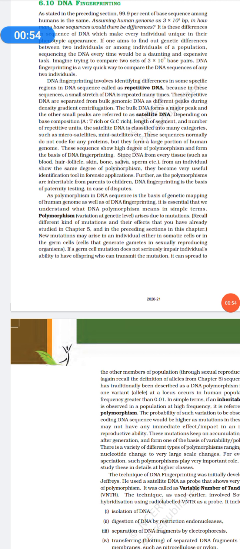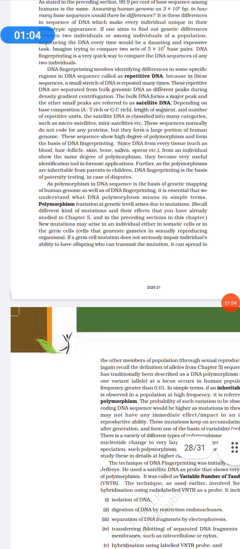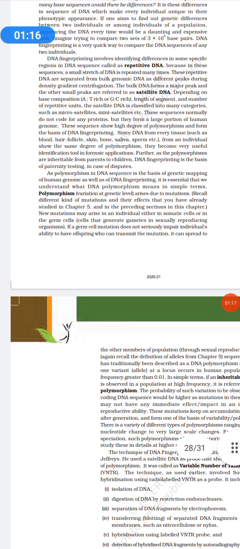Depending on the base composition of AT or GC, the length of the strands, and the number of repetitive units, the satellite DNA is classified into many categories, such as microsatellites, minisatellites, etc. These sequences normally do not code for any proteins, but they form a large portion of the human genome.